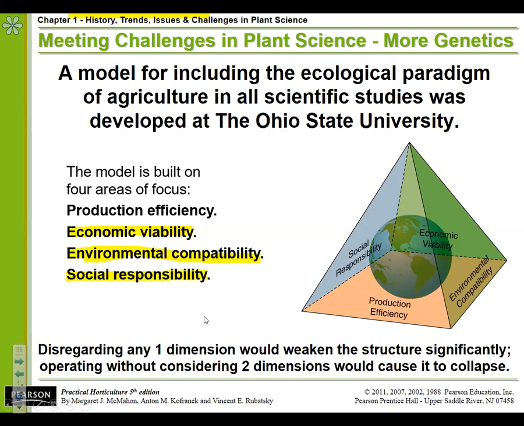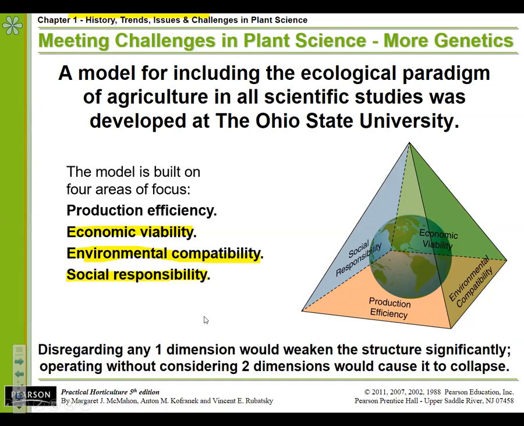We might also not be giving them any type of benefits. Also, they're not paying taxes. So there's all kinds of things in the social realm that make it really difficult to do that properly. Anyway, this is a huge challenge in plant science.